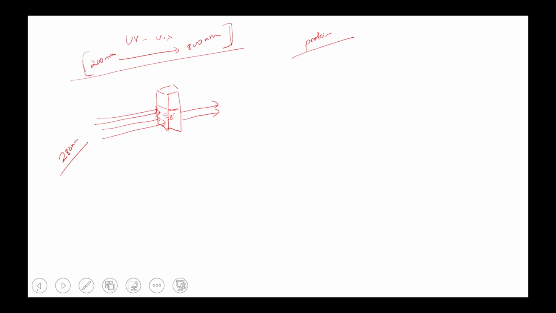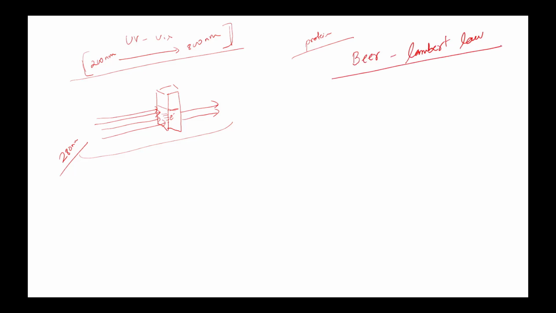To calculate the concentration, we have one law which is called the Beer-Lambert law. The Beer-Lambert law is a combination of Beer's law and Lambert's law. We have two laws independently.